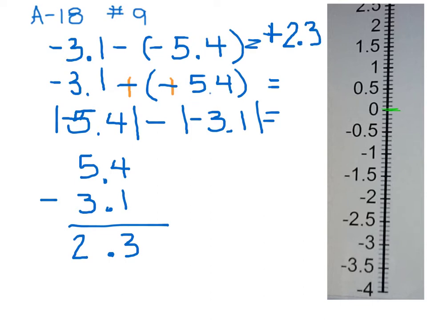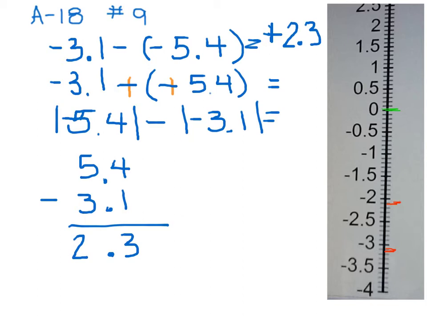And if we come over here and we look at the number line, we were down here at negative 3 1/10. So let me go ahead and grab a pen here, make it really skinny. So I'm here at negative 3 1/10. I go up 1, and I'm at negative 2 1/10.